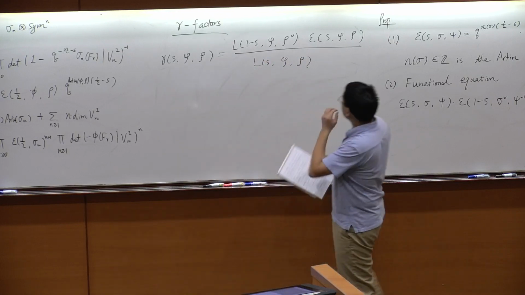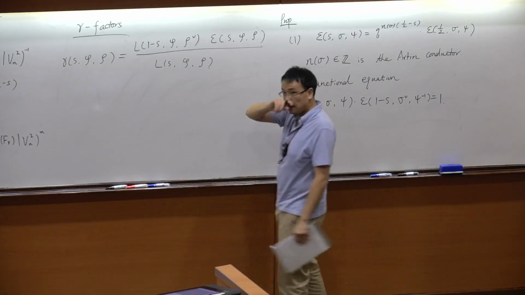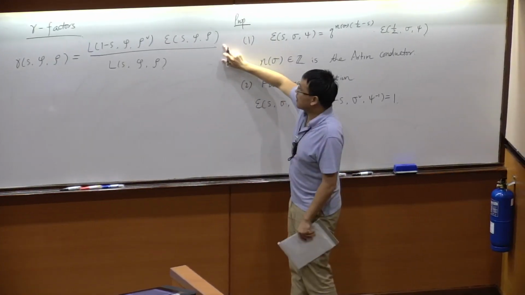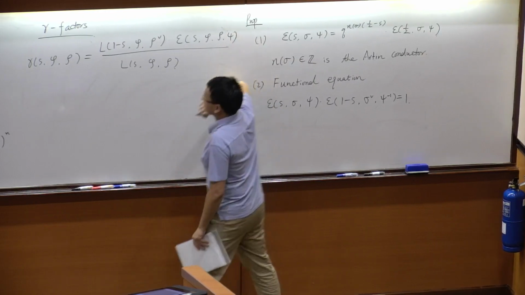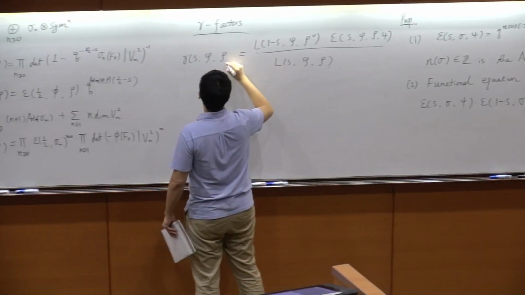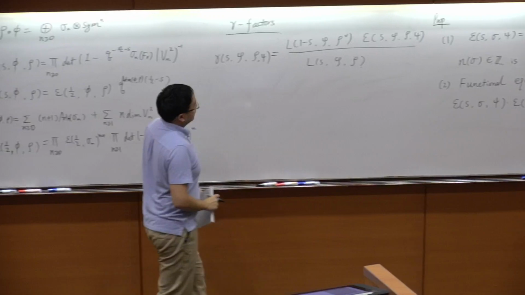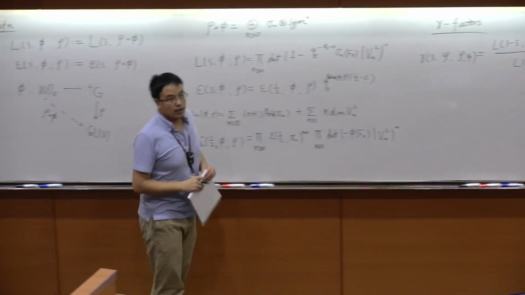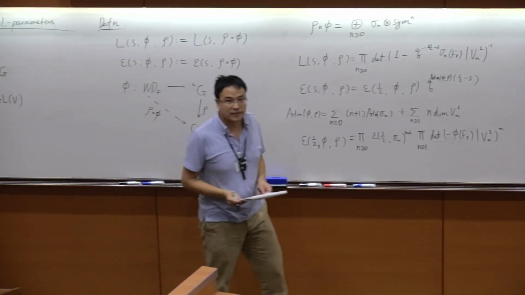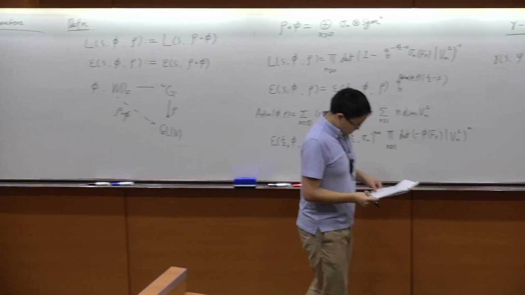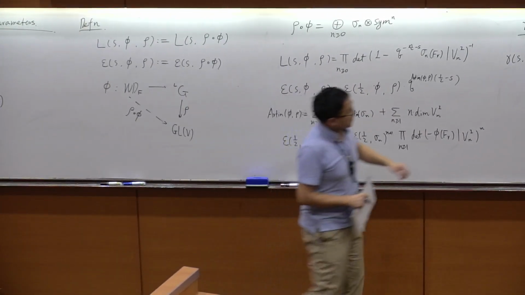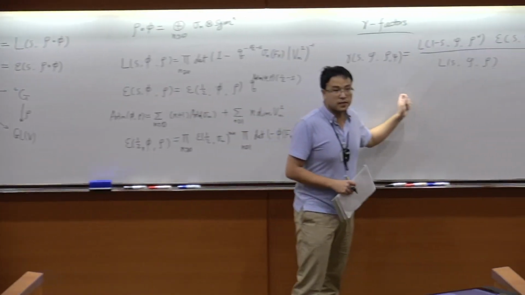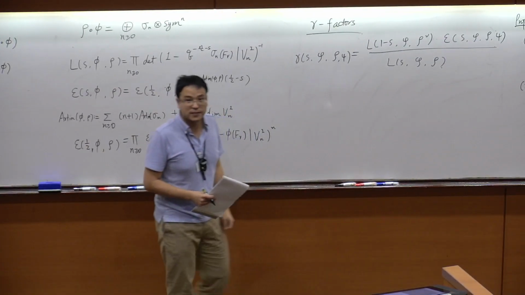Because this also depends on the psi, the epsilon factor depends on the psi, let me add the psi here, the additive character. So we also have psi here. Okay, so this is the local gamma factor. And from the functional equation for the epsilon factor, we also have the functional equation for the gamma factors.